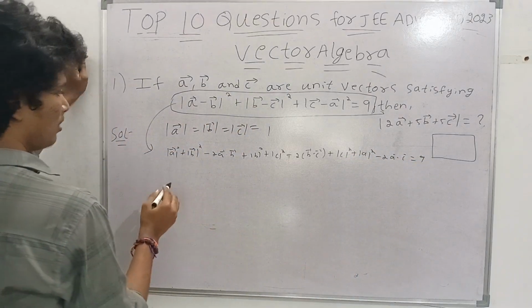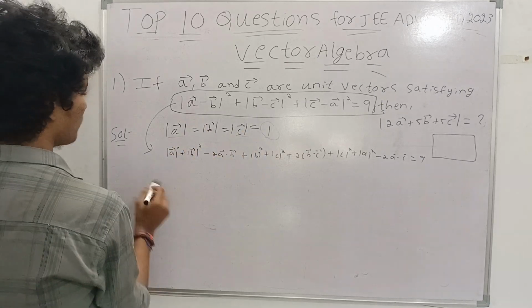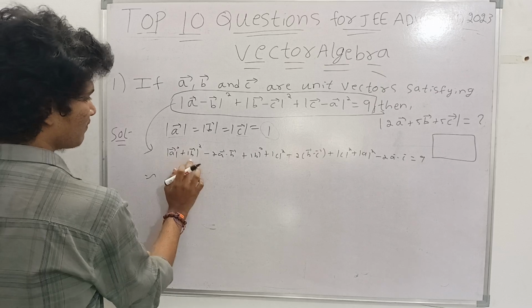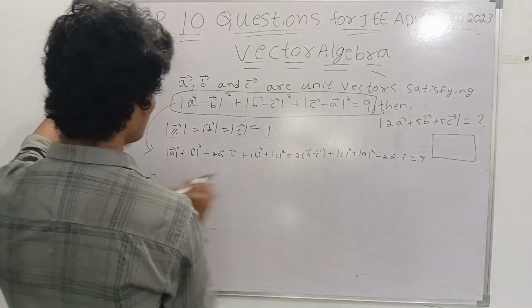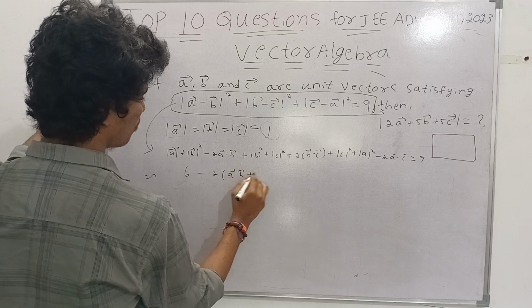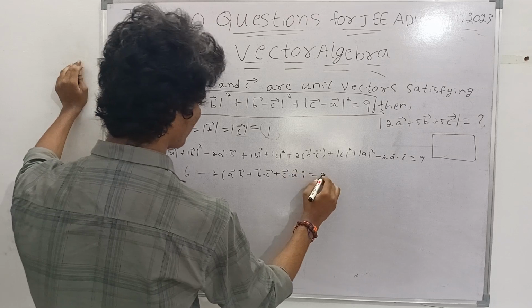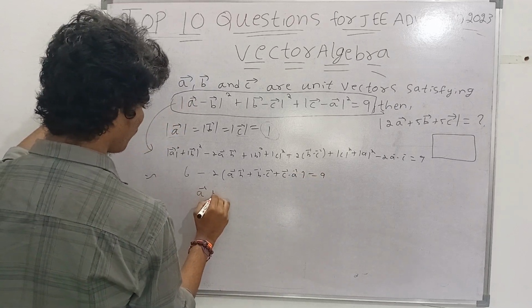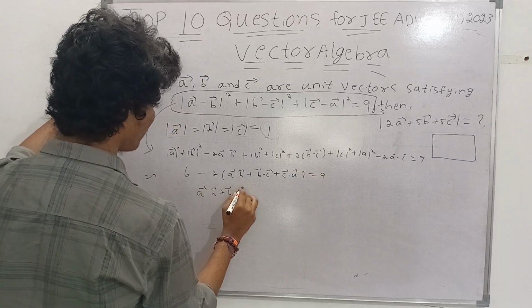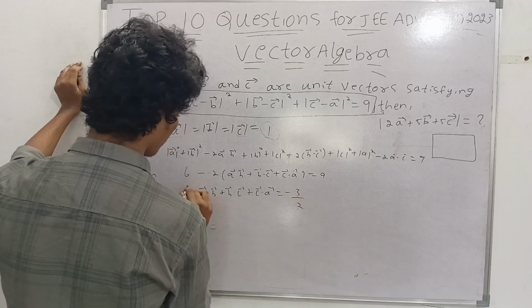We know that these are unit vectors whose magnitude is 1. So clearly it is 1 plus 1 plus 1 plus 1 plus 1 plus 1, so it is 6 minus 2 times (A dot B plus B dot C plus C dot A) equal to 9. If you find the value of A dot B plus B dot C plus C dot A, it will be minus 3 by 2.